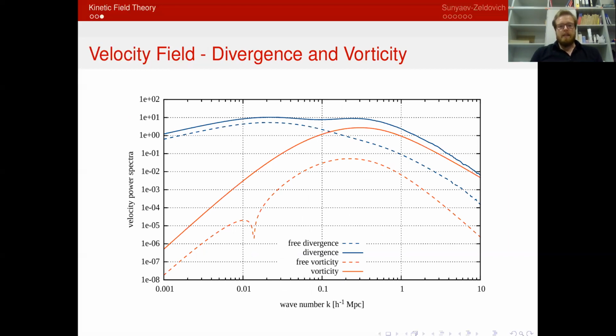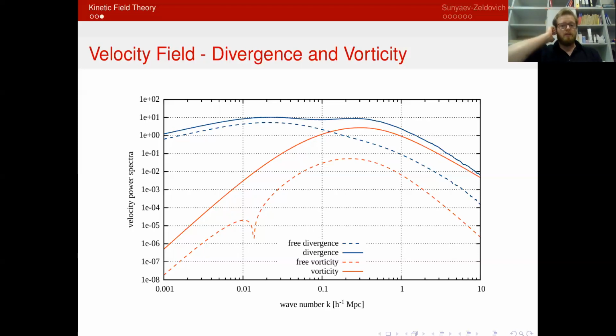And the dashed lines represent the power spectrum due to the inertial motion of particles, while the solid lines include interactions between particles up to linear order in our perturbative approach.